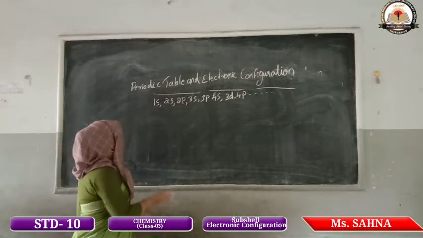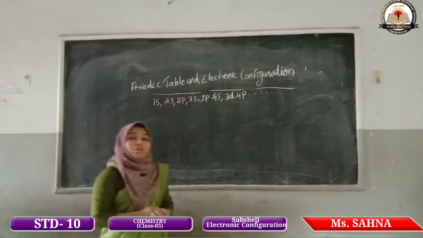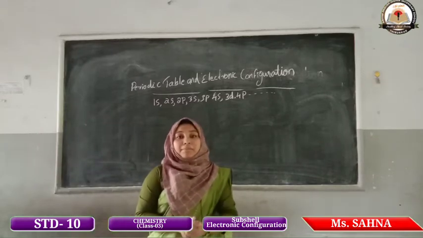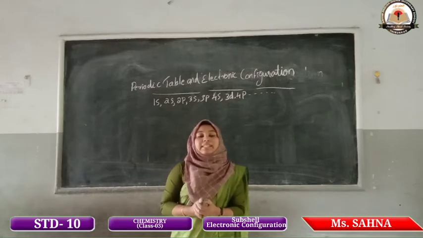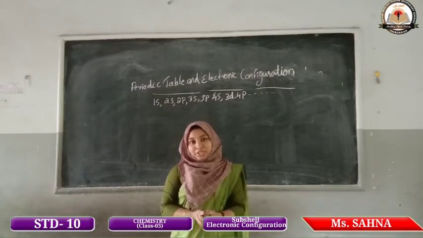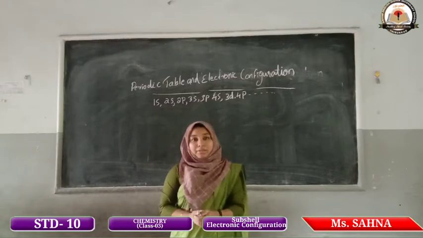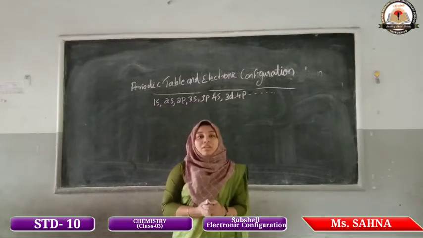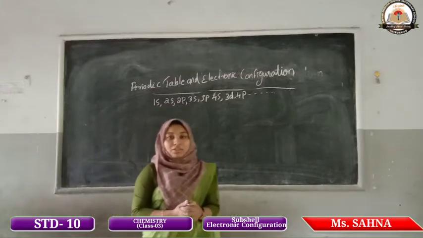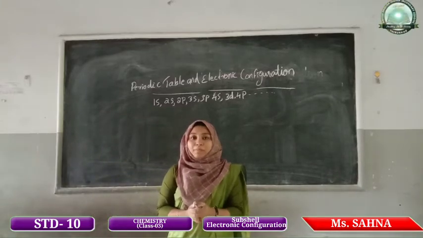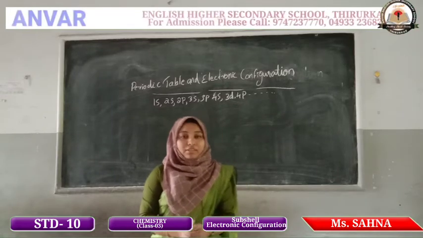And today we are going to discuss how to write the subshell electronic configuration of some elements. For that we write a question. All of you take your notebook and write the question.